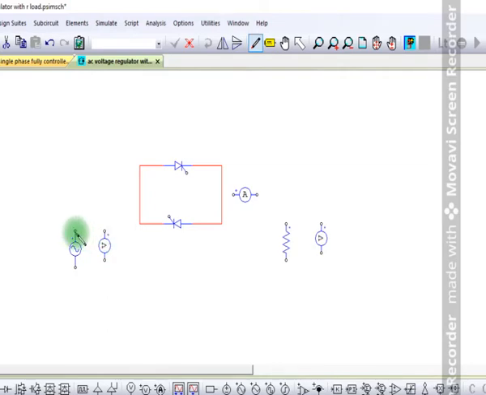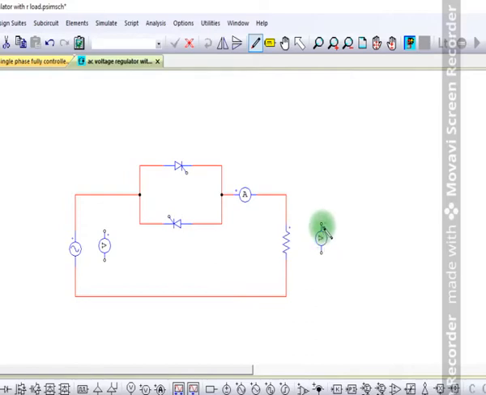Then join all the components. So this is the first connection, and then this ammeter's next terminal is connected to the resistance, and the load resistance's next terminal is connected back to the source, and you join it.